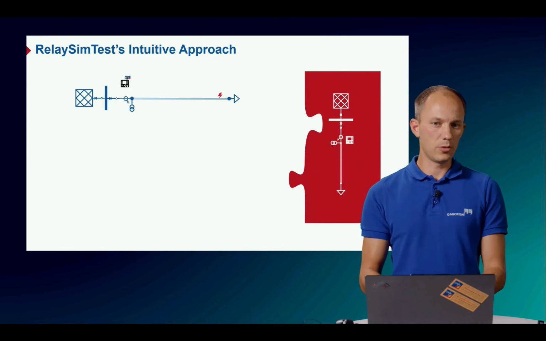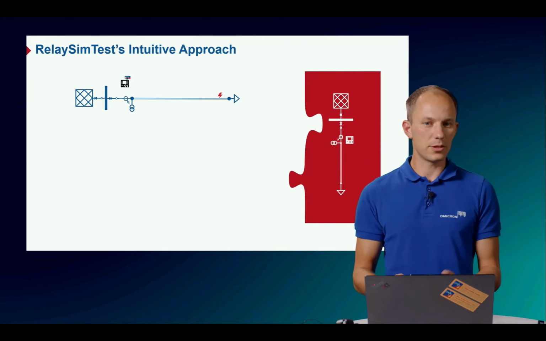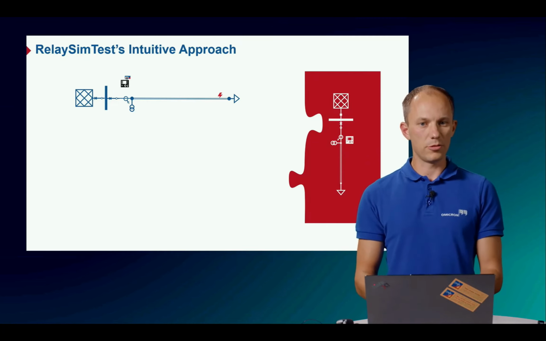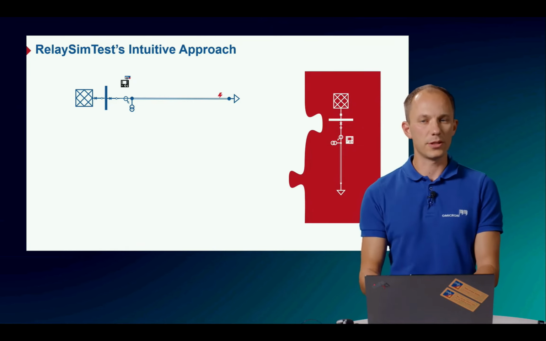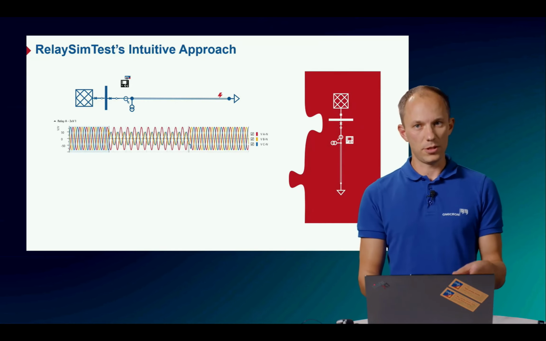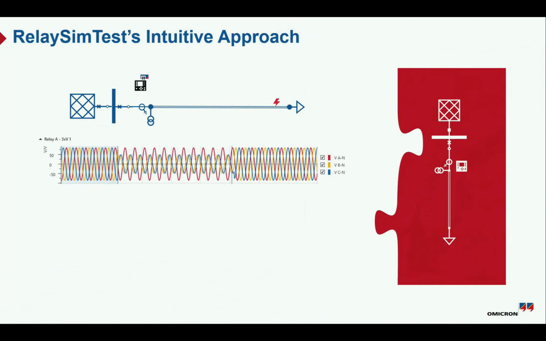And then maybe we place a fault or we simulate a real-world test case. So that could be that a circuit breaker opens or closes or that a fault appears. We calculate the transient signal. So here it is shown the voltage of the relay that's measured. So we have this pre-fault condition, fault condition, and post-fault voltages.